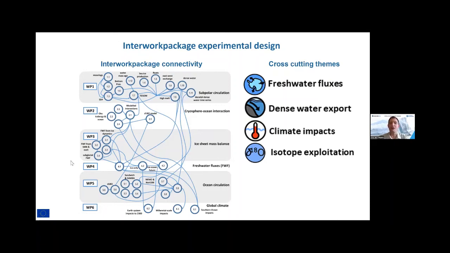And then we've identified these other cross-cutting themes, which are more scientifically nebulous, but potentially very interesting, where we'll be drawing together the people across the work packages in the program to talk about these, but also increasingly incorporate expertise from outside the program to really focus on the potential to advance our understanding of these different themes, namely freshwater fluxes, the export of Antarctic bottom water, the wider climate impacts of the Antarctic ocean coupled system, and exploiting these oxygen isotopes.